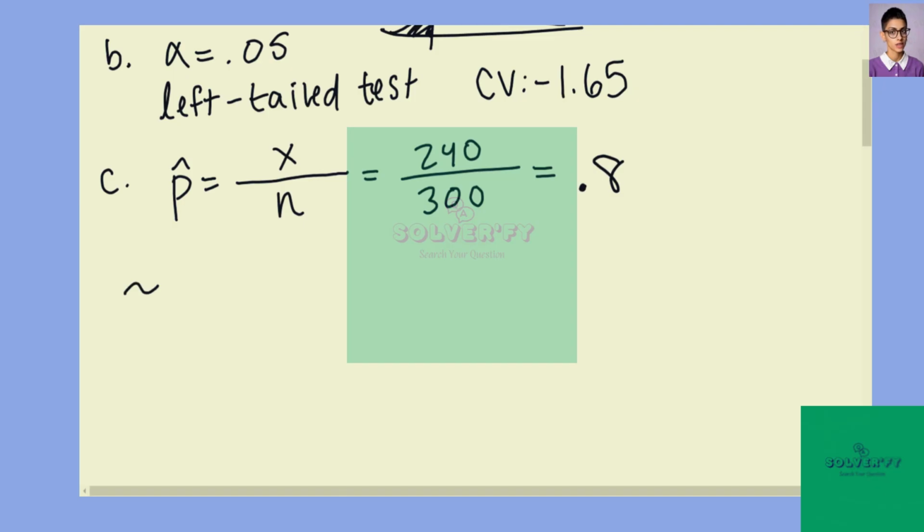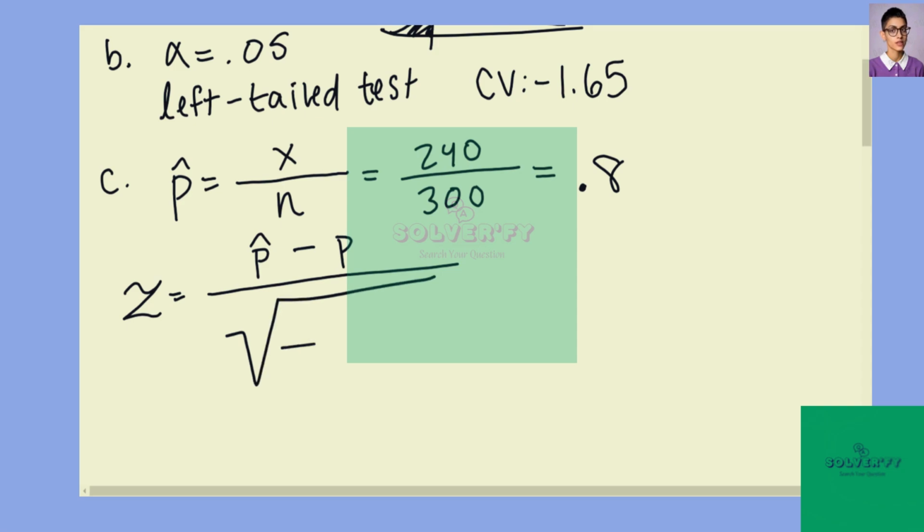Now we need to find our z-value. So we take p-hat minus p, which we're given, all over the standard deviation, which is given by the square root of p times 1 minus p, also known as q, all over n.